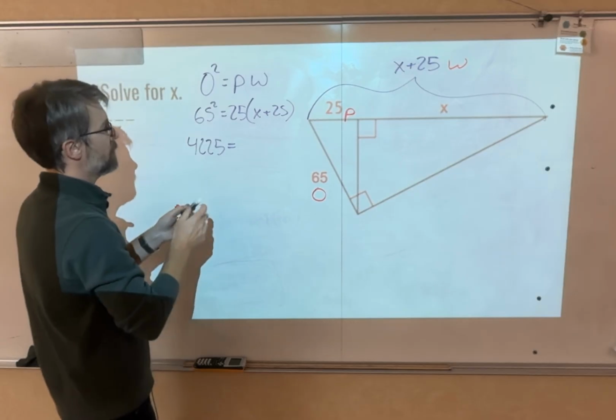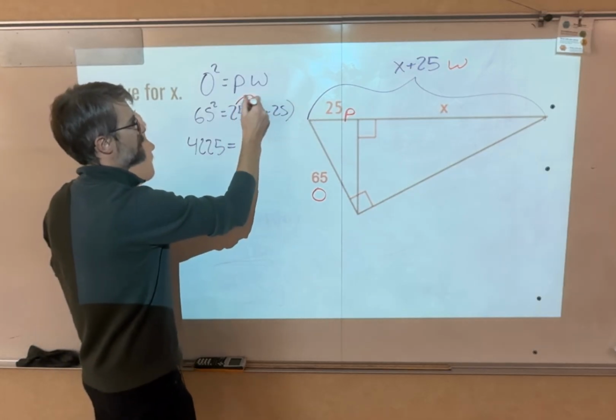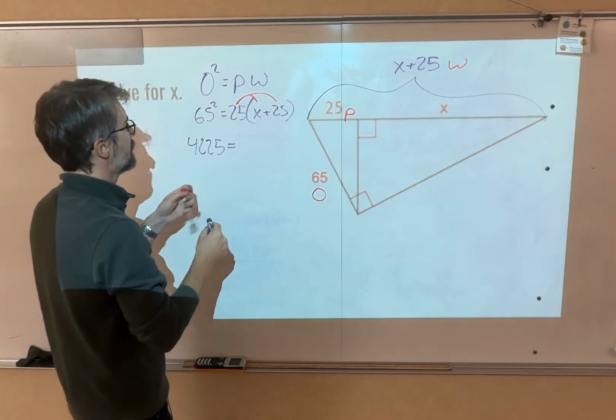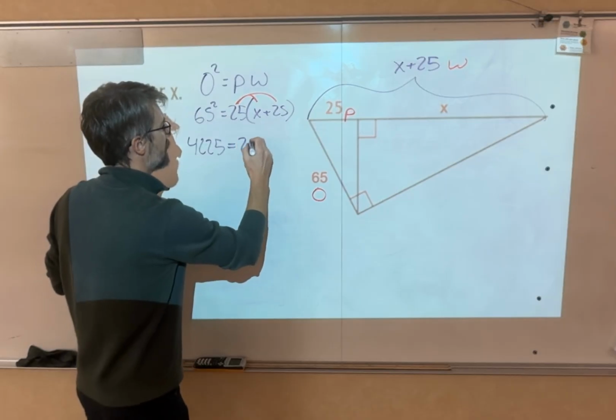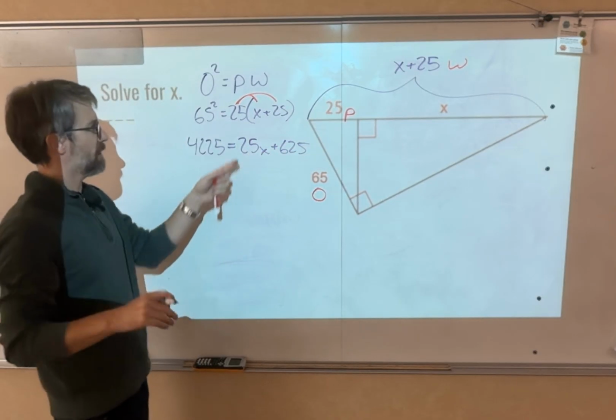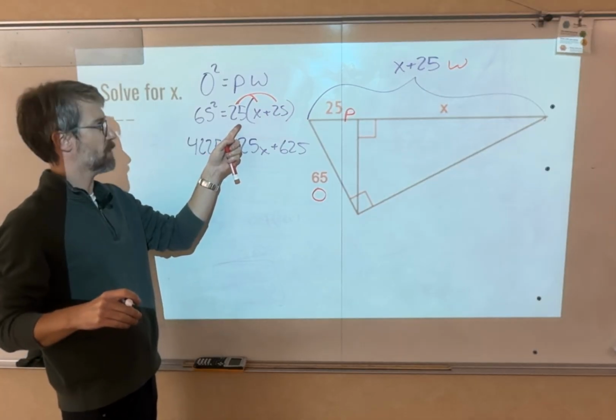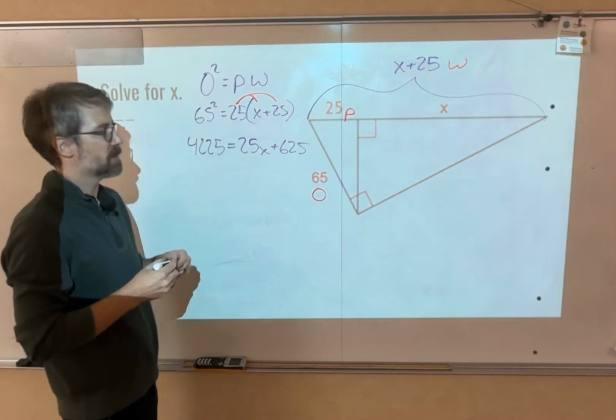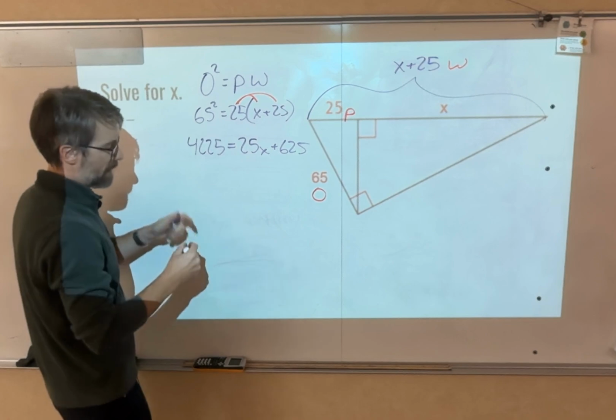And then if I distribute the 25 in, I get that this is 25x plus 625. Now, question, could I have divided both sides by 25 first? You certainly could. But I'm going to do it this way.